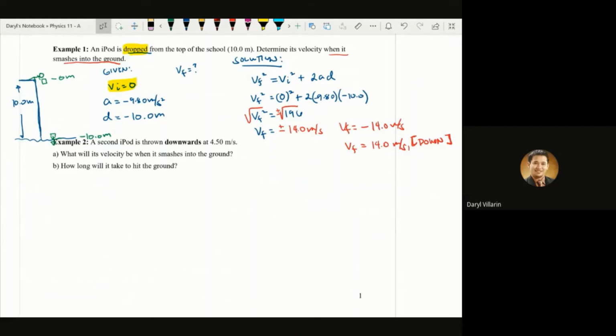I think there's a correction for this one. Yeah, 4.5 meters per second downward is quite fast for a short height. Instead of downwards, let's just change it to upwards. What will be its velocity when it smashes into the ground?